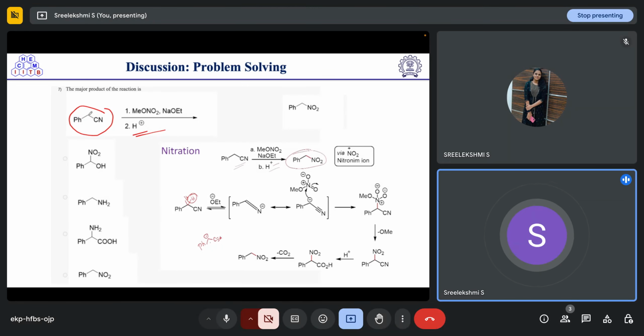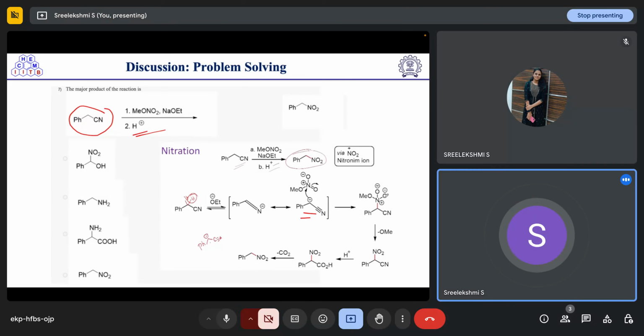First the base will take up this acidic proton to form this intermediate, which can exist in this form as well. Then this negative charge will attack the electrophilic nitrogen, and this bond will shift over here to form this intermediate.